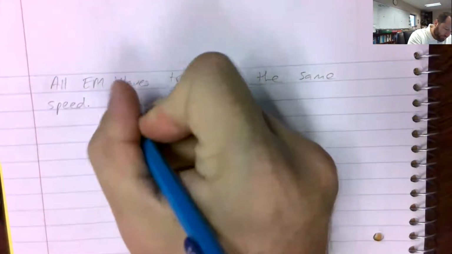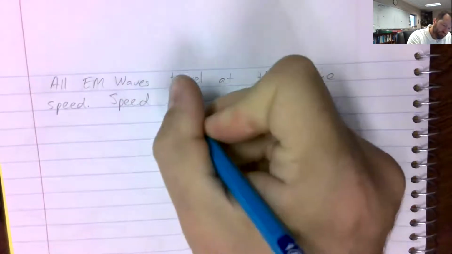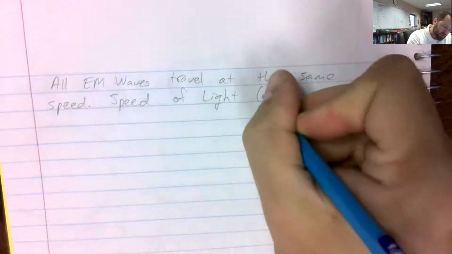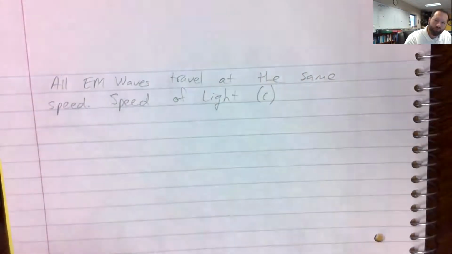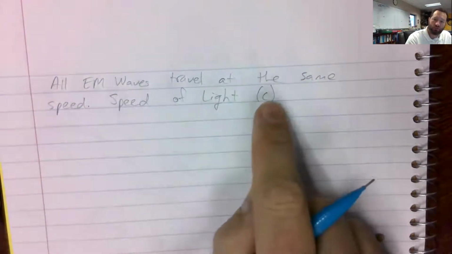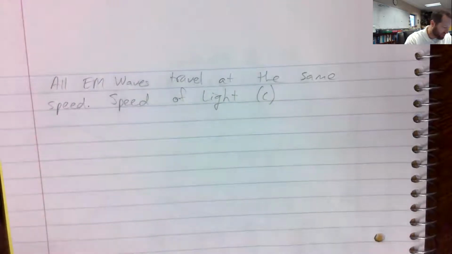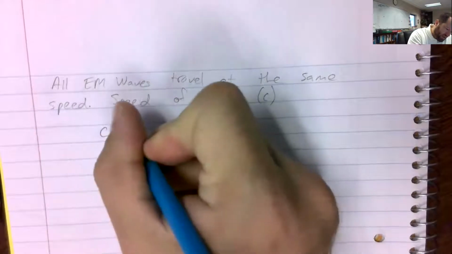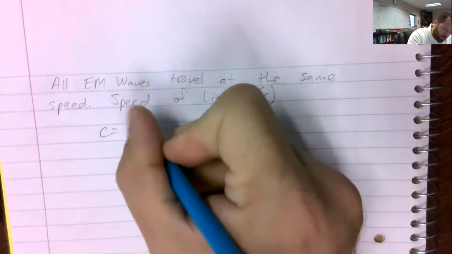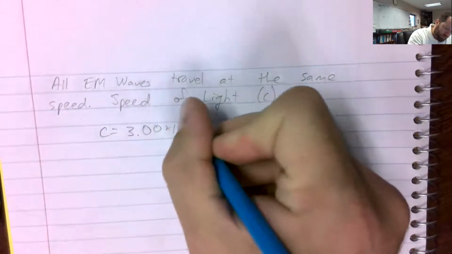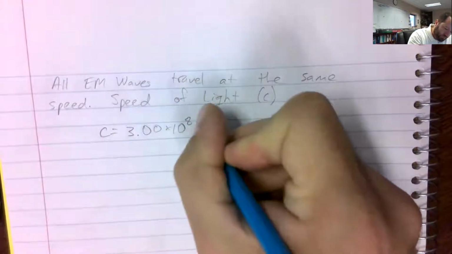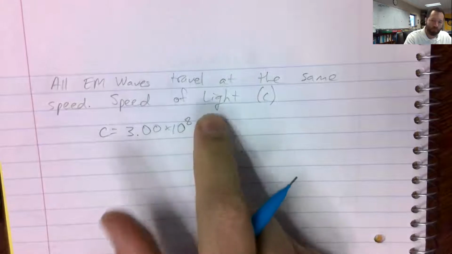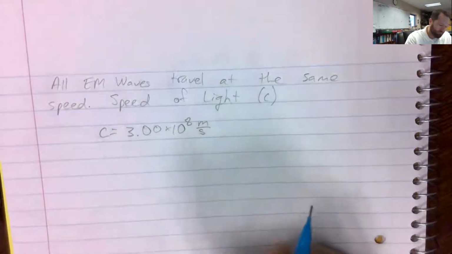It's called the speed of light. Very famous speed. We symbolize it with the letter C. So C stands for the speed of light. It has a numeric value, of course it does. And that is in a vacuum, which we're always going to assume we're working in a vacuum in this chapter. 3.00 times 10 to the 8th meters per second.